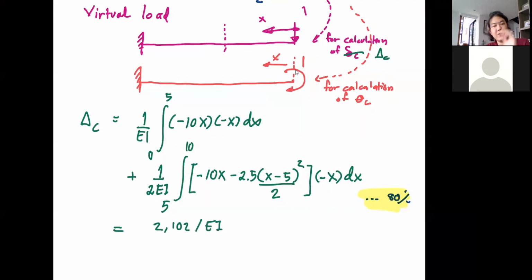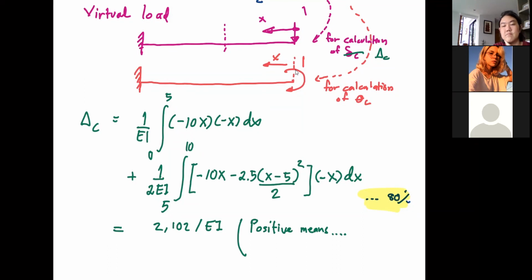One more thing that you should know is the sign of your result. This is positive. What does it mean? What does the positive work mean? Anyone care to try?